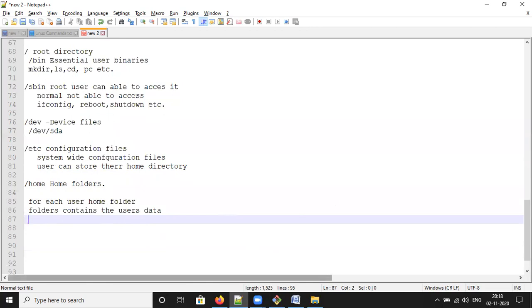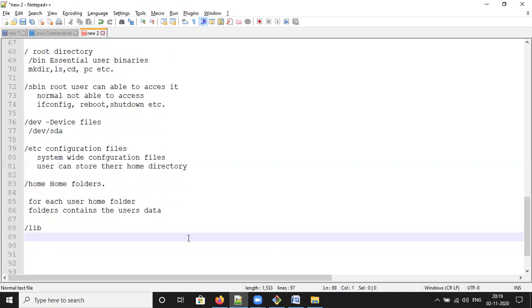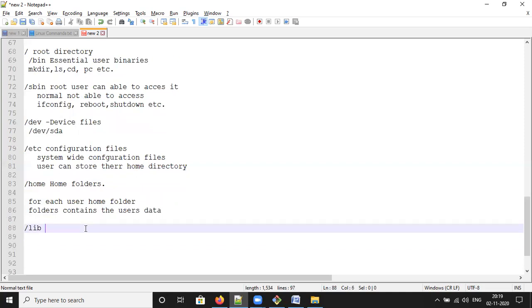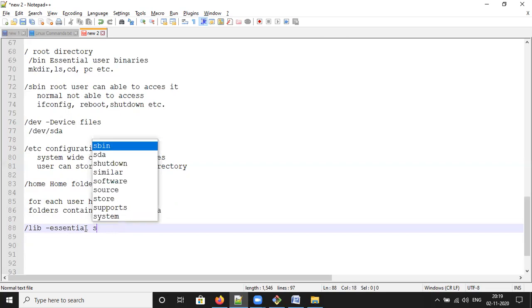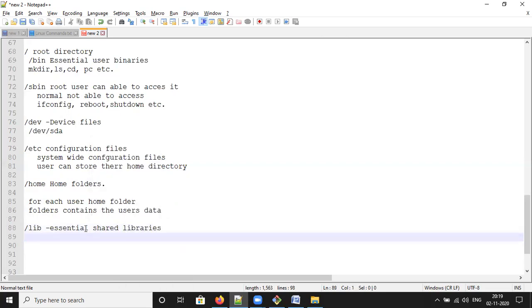The next one is the /lib directory. What are these library files? Essential shared libraries, which support all the binaries in the /bin folder and the /sbin folder.